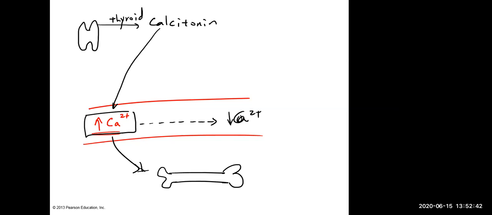So many people with osteoporosis actually have a thyroid problem. They don't produce the calcitonin. So they go to the doctor and they get calcitonin shots. Why not just take the calcium?